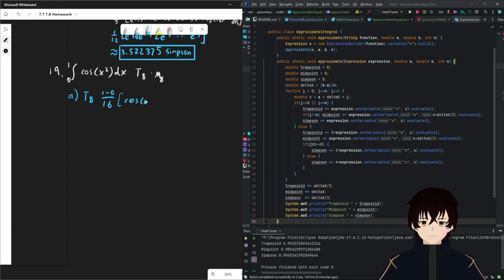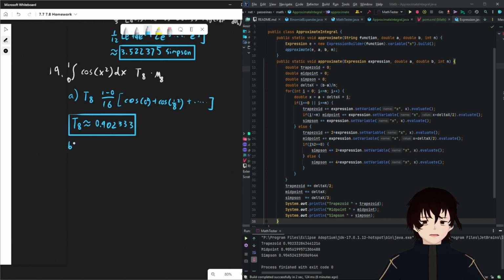No. Cosine of 0 squared plus cosine of 1 over 8 squared plus dot, which is approximately equal to 0.9023333. And that is T8, trapezoid rule.